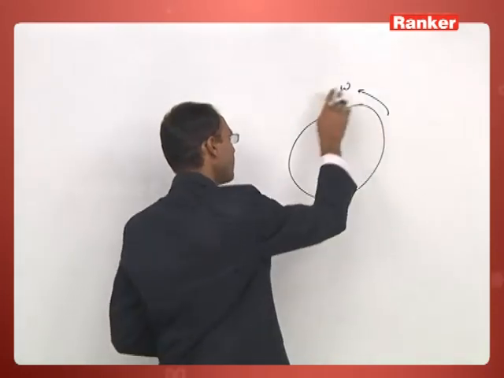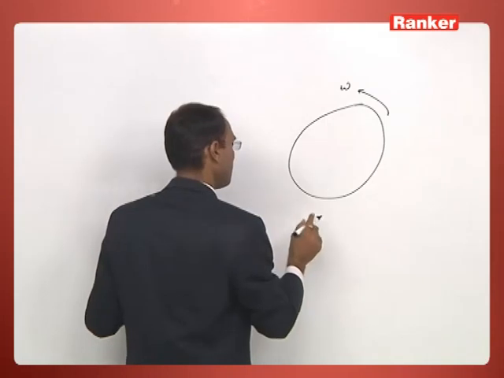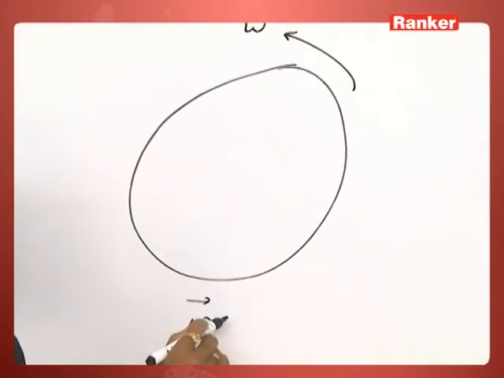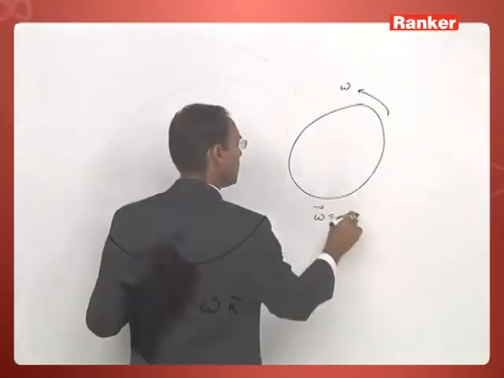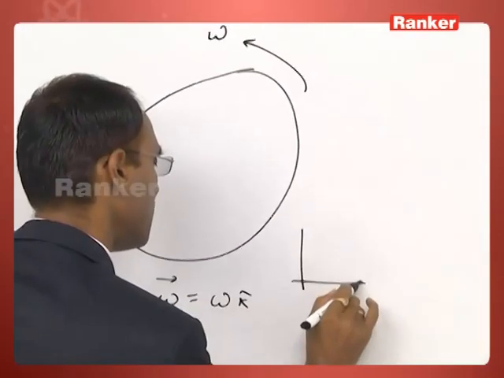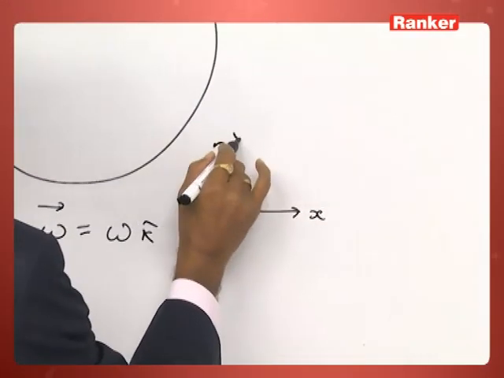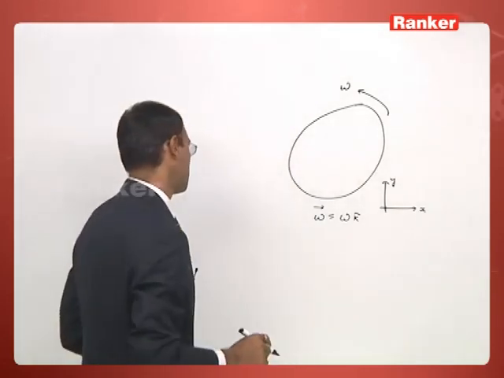The direction of angular velocity is not allowed to change. Then I can write omega is equal to its magnitude times the direction, that is outward or positive z direction, if I take this coordinate axis.